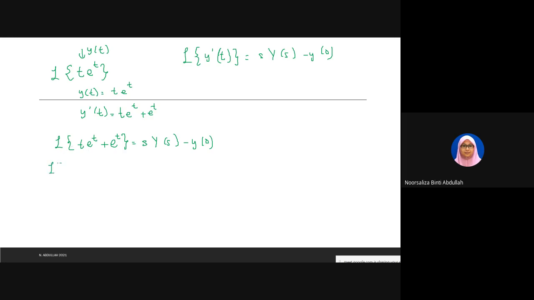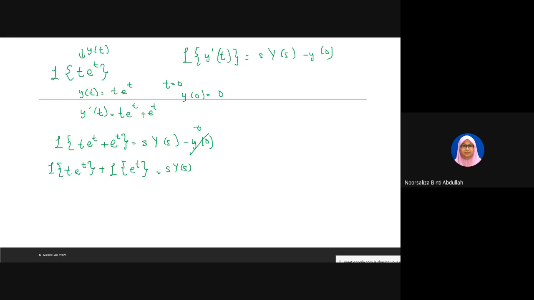So Laplace t e^t plus Laplace e^t equals to s Y S minus y0. What is y0? Here. So you have to replace t with 0. You can get y0 equals to 0. Betul? e^0 times 0, so 0.